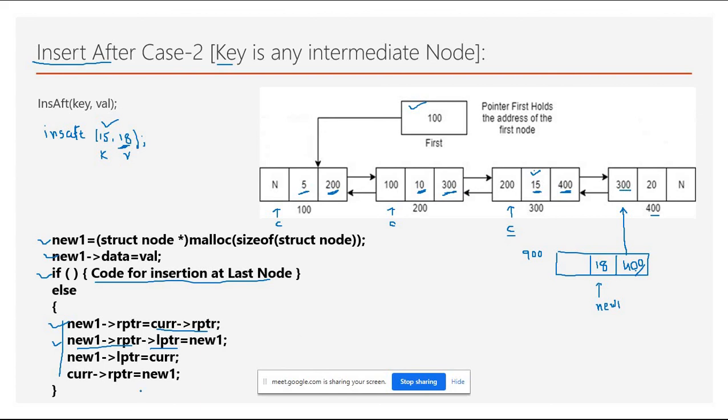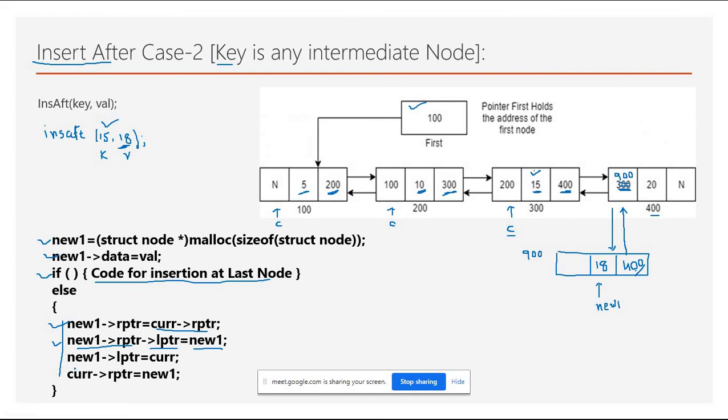So here what we are doing is we are copying the value or address of new one into the new one point to rptr's lptr, right? So here instead of this 300, what we are doing is we are putting 900. Are you getting this? That means 400's previous node becomes 900. So the link will be established like this.